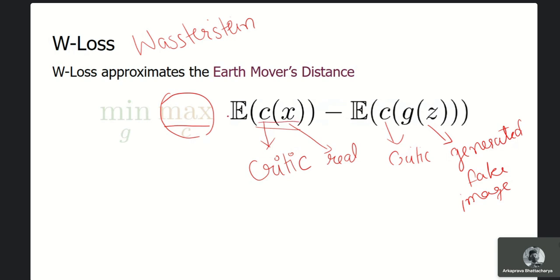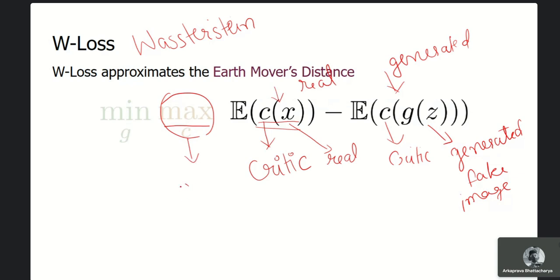So here in this equation, we are seeing the earth mover's distance, which is the distance between the real distribution and the generated distribution. So this is my real distribution and this is the generated distribution.